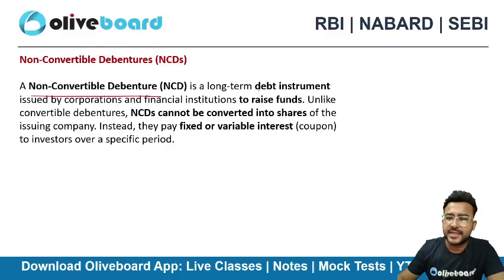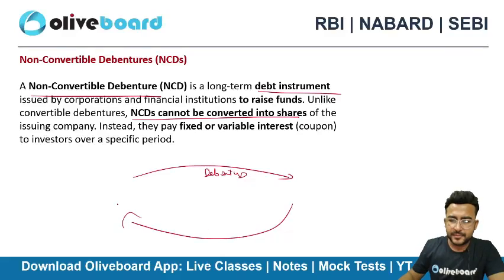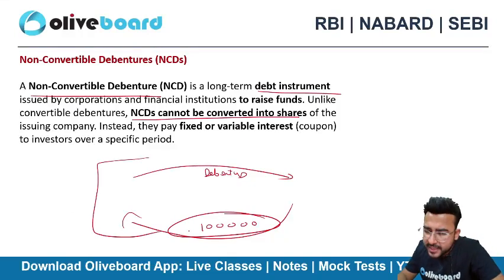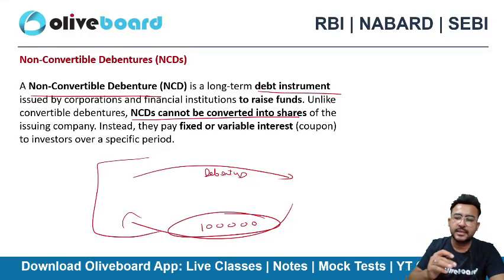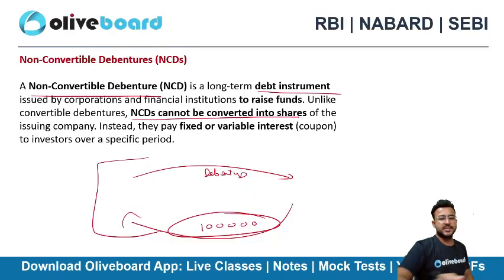Such a kind of debt instrument that you cannot convert into shares. Let's suppose I issued you debentures. You paid me money, right? I issued you debentures, you gave me 1 lakh rupees. Now at the time of repayment, I ask you that I won't be paying you 1 lakh rupees back, but I will take my debentures from you and I'll give you my equity shares instead of 1 lakh rupees.